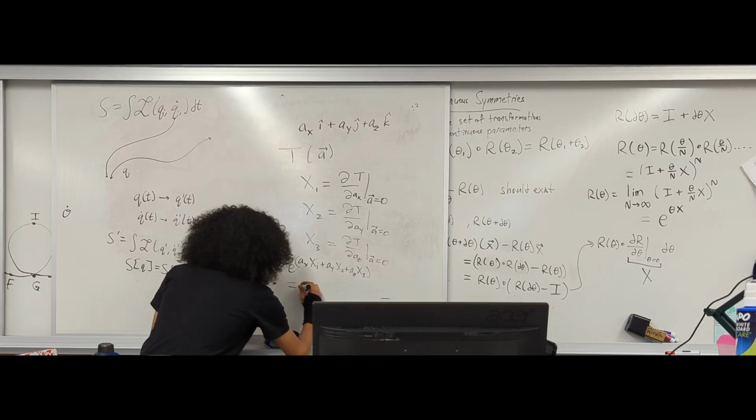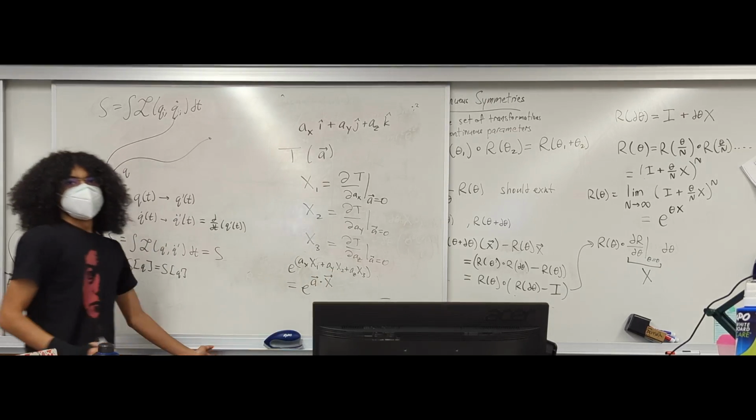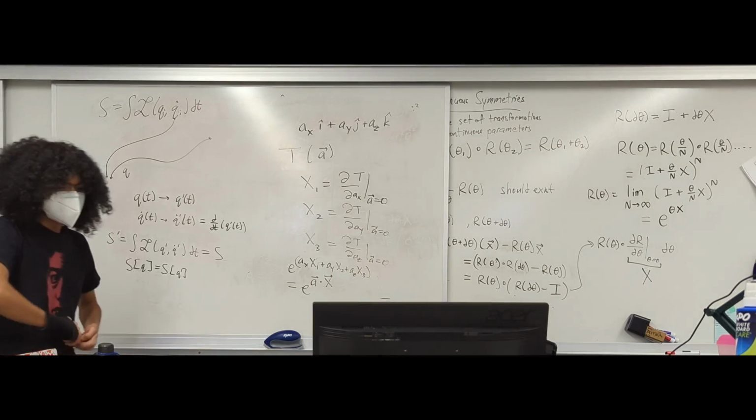Okay, and you could also just write this as e to the a dot, this sort of vector of generators.